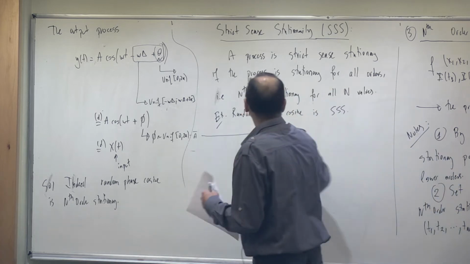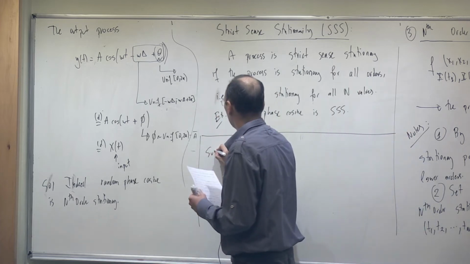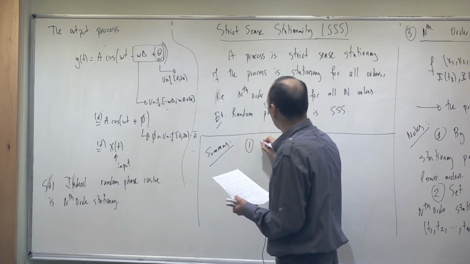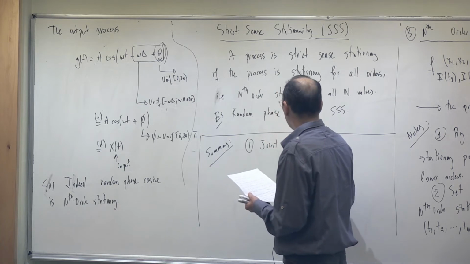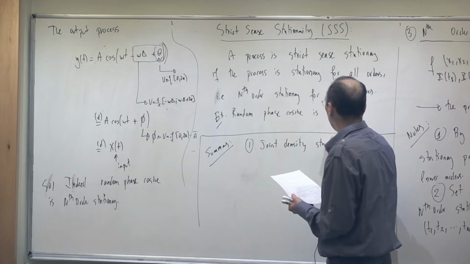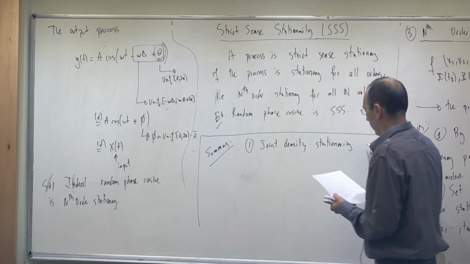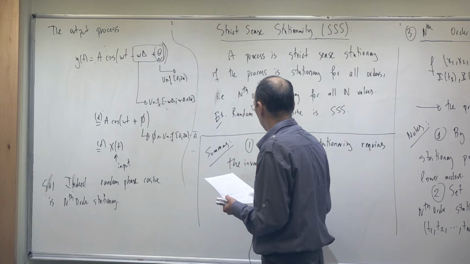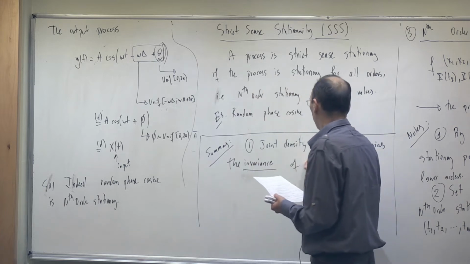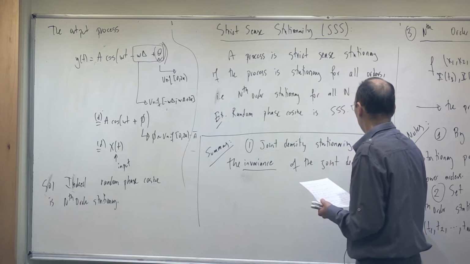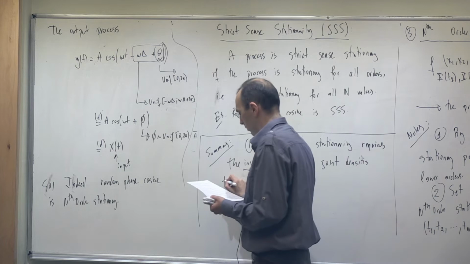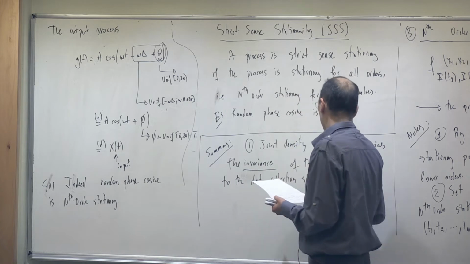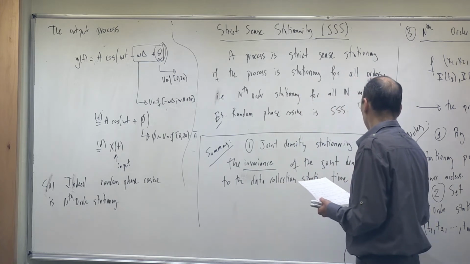Let's make a summary. Number 1, joint density stationarity requires the invariance of the joint densities to the data collection starting time T1.